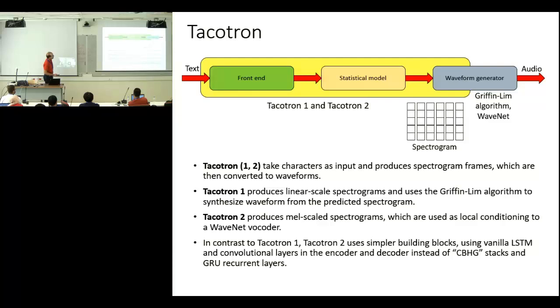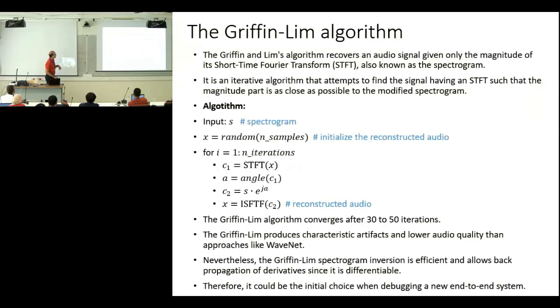The vocoder can be the WaveNet, or it can be the very simple Griffin-Lim algorithm, which is considered as a spectrogram inverter, which gives from spectrogram back to the speech.